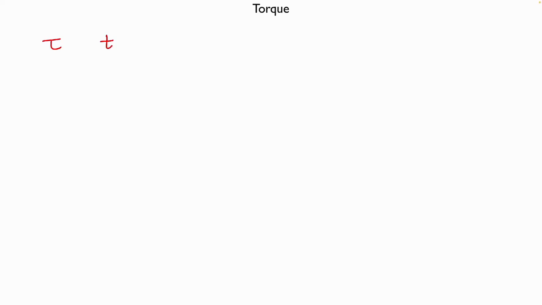Tau gets rid of that piece above the crossbar, and it's one of the Greek letters. So again, we're using that theme where if it's in rotation, we're going Greek, right?